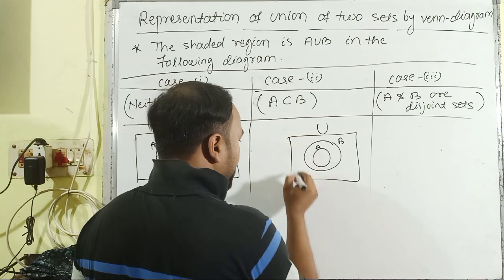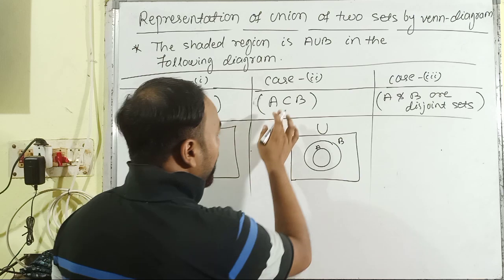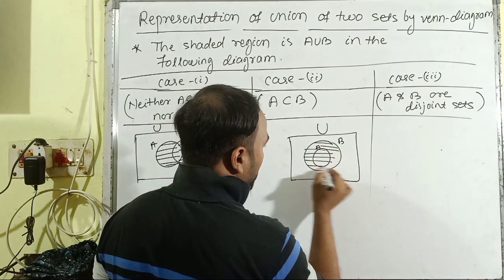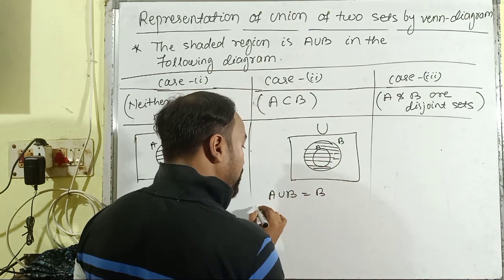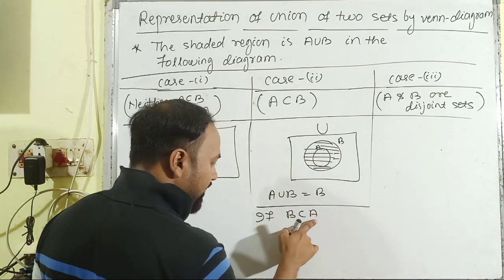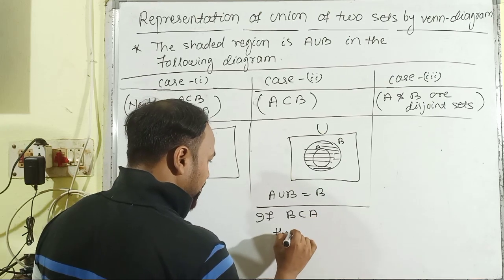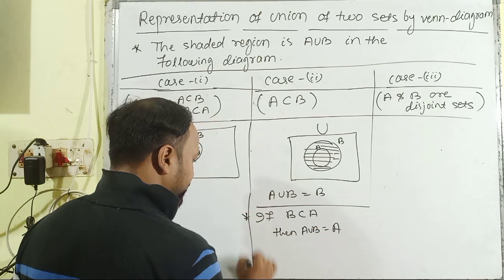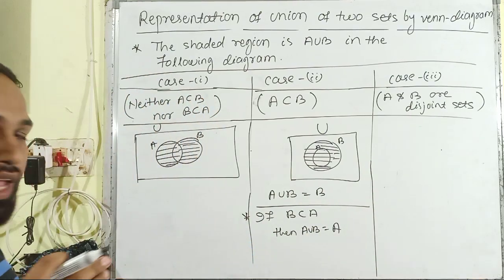U is the universal set for the two sets A and B, and here we have to find the union of A and B where A is a subset of B. Here A union B must be equal to B. If B is a subset of A, that means B lies in the set A, or A is the superset of B, then A union B will be equal to A. This is the second category for finding A union B.